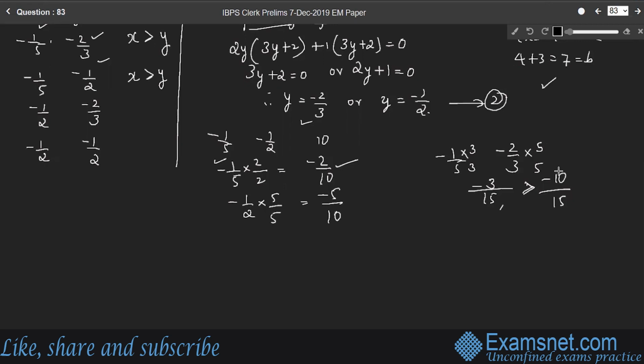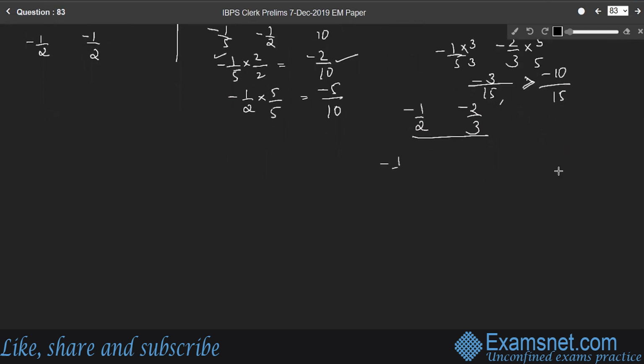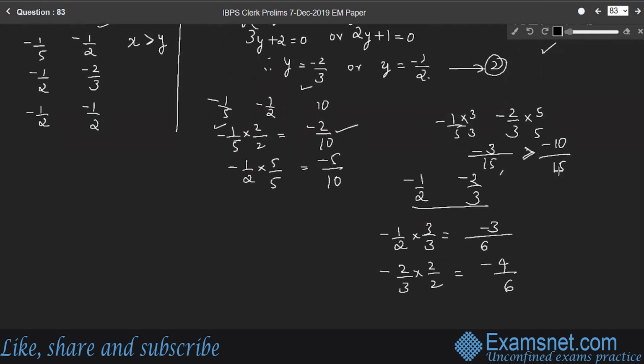So here -1/2 and -2/3. Taking the LCM of 2 and 3, which is 6, -1/2 can be written with 6 as the denominator, -3/6. -2/3 can be written as -4/6. Here -3/6, which is -1/2, is greater than -2/3.